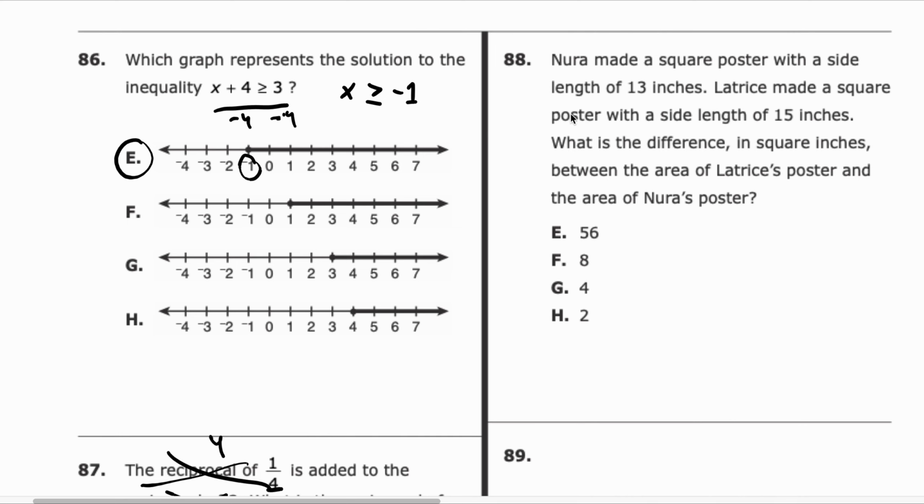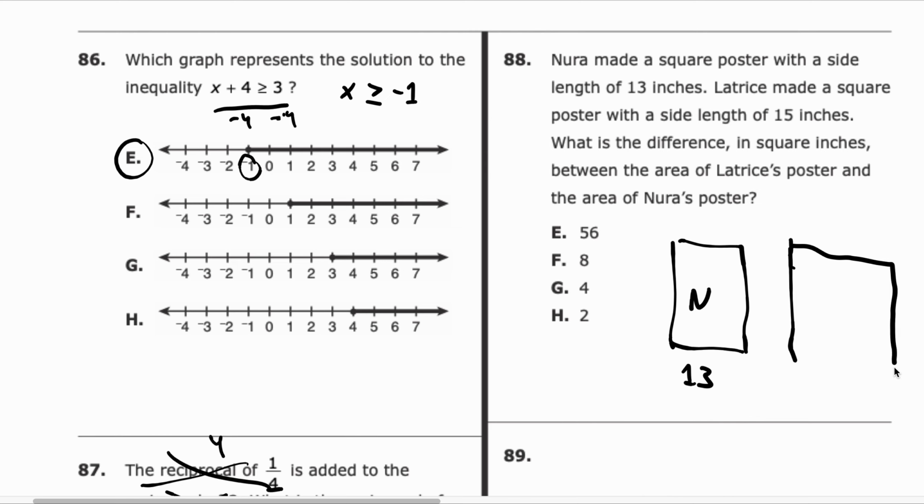So 88. Nura made a square poster with a side length of 13 inches. So maybe this is her square poster. And then Latrice made a square. Oh, right, this is a rectangle. It looks like a rectangle, but just imagine that it's a square. Latrice made a square poster with a length of 15 inches.